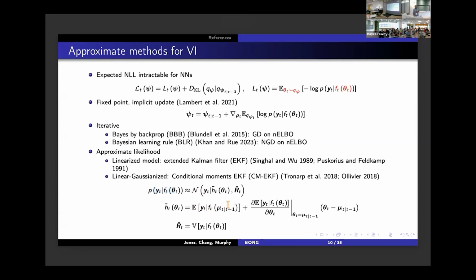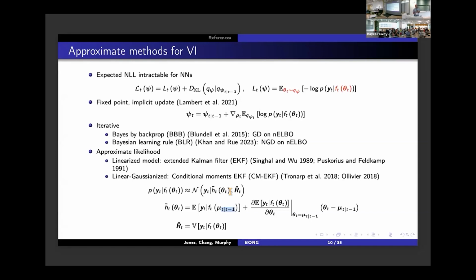So this is again a first order Taylor approximation based at the prior mean, and then you take a fixed variance based at the prior mean as well. This is the conditional moments EKF that was proposed several years ago. And this once again gives you an exact closed form update.